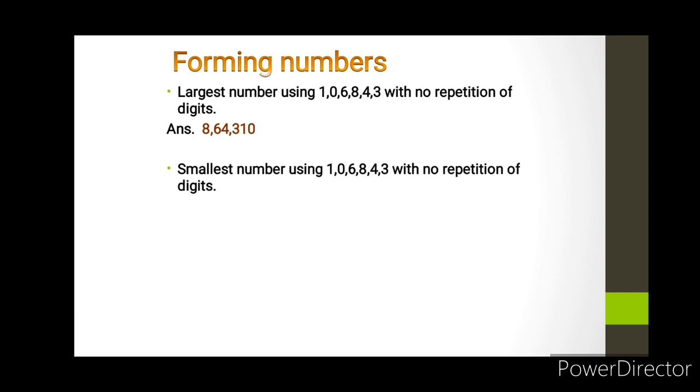Okay, and what about the smallest number? As I said, for the largest number we need the greatest digit at first place. So if we want to write the smallest number, that means we will need the smallest digit at first place, which is 0, isn't it? So can we write 0, 1, 3, 4, 6, 8?